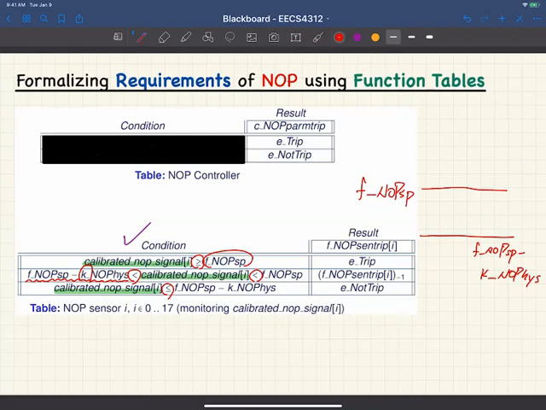And we are saying the following. For the first one, if your calibrated signal, let me use a different color, is larger than or equal to, you do something.